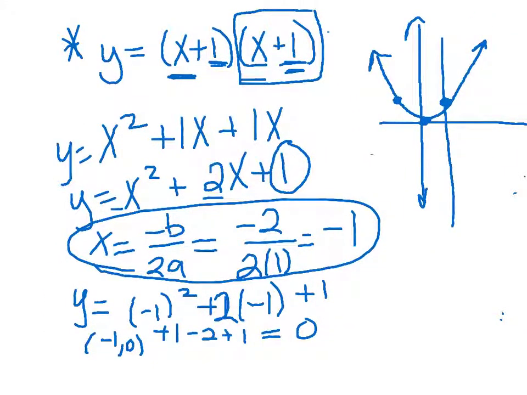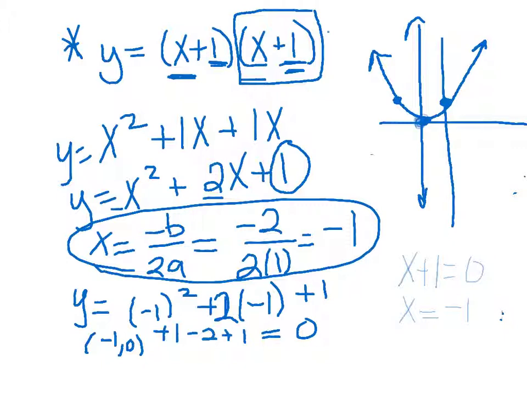Okay. Set each one of those terms as 0, so x plus 1 equals 0. So let's go ahead and solve for x. X equals negative 1.